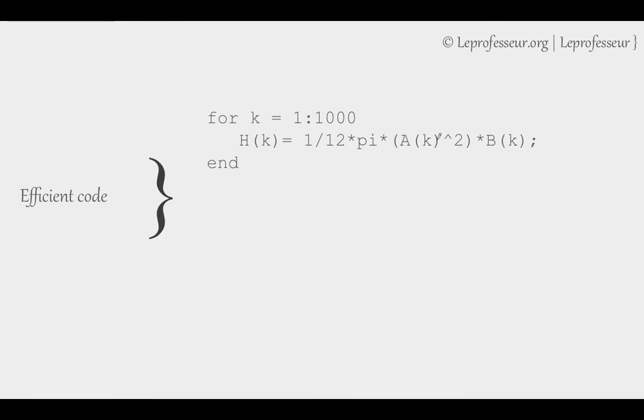For each element of the A matrix, we are taking the power of 2, and then the whole thing we are multiplying by element k of the matrix B. And we have this for loop. So think about A as a matrix, B as a matrix of the same length, and H would be a matrix of the same length, because everything is dependent on k. So k goes from 1 to 1000, and each matrix A, B, and H would have 1000 values.